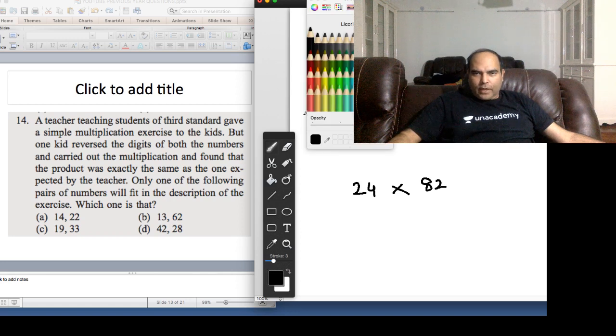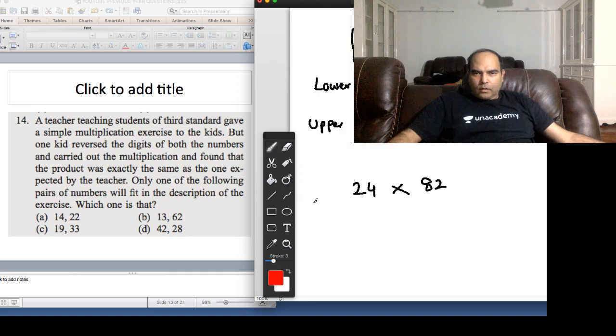Now, if you look at the range of 24 into 82, the lower limit of 24 into 82 is going to be 20 into 80, which is 1600.